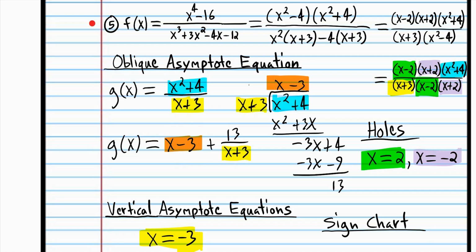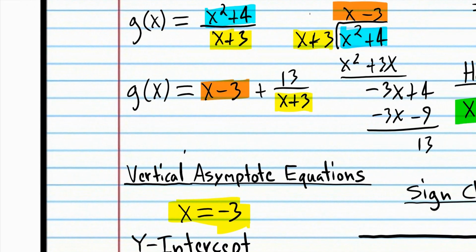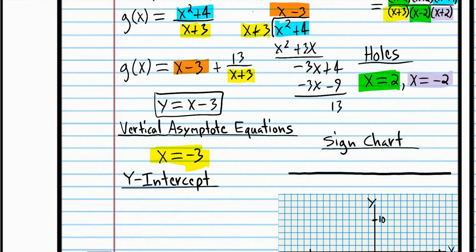So what that means is we have an oblique asymptote at x minus 3, and oblique just means a slanted or diagonal line, because x minus 3 is an expression that gives us a linear graph. So that is the equation of the oblique asymptote.